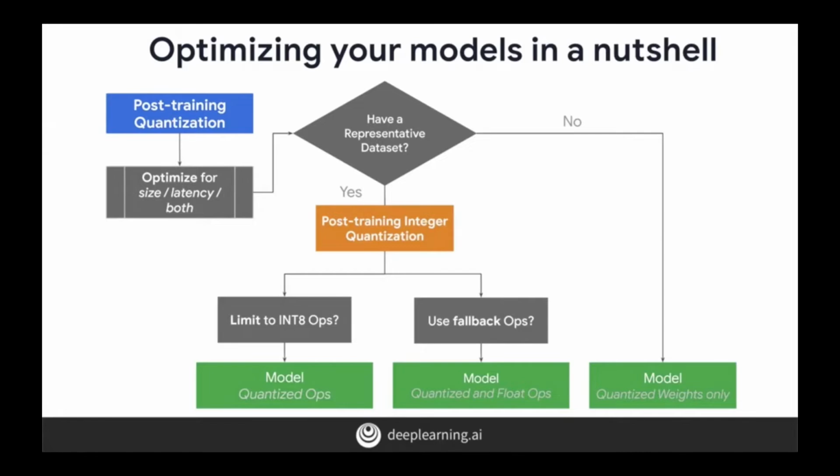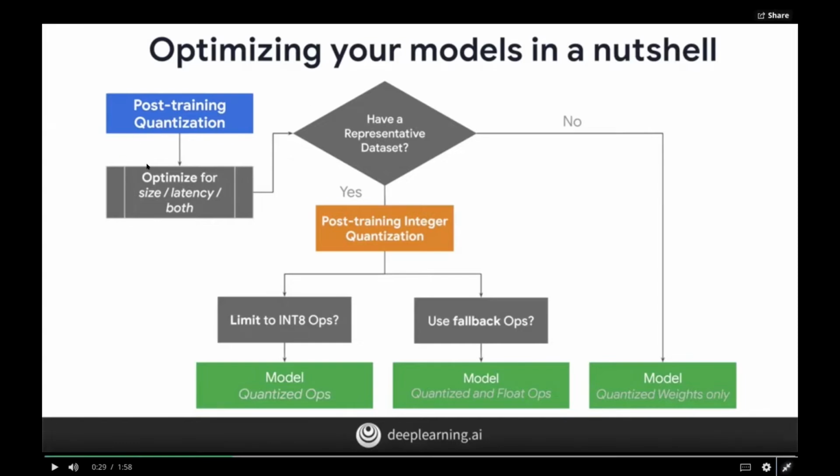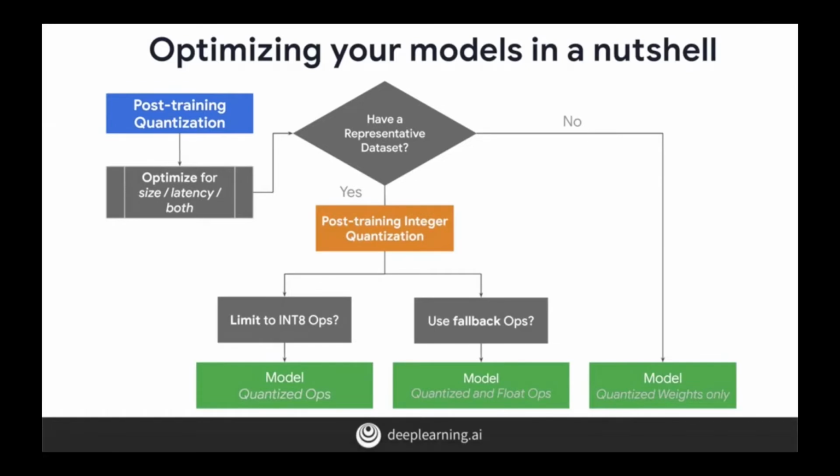You are just using a smaller model coming in to do that with. For this, you actually have a number of different options as they show. You can optimize this for size, for latency, or both. And the both, I think, is just a trade-off between size and latency, where size is the memory footprint of the model and latency is the speed at which it's executing.